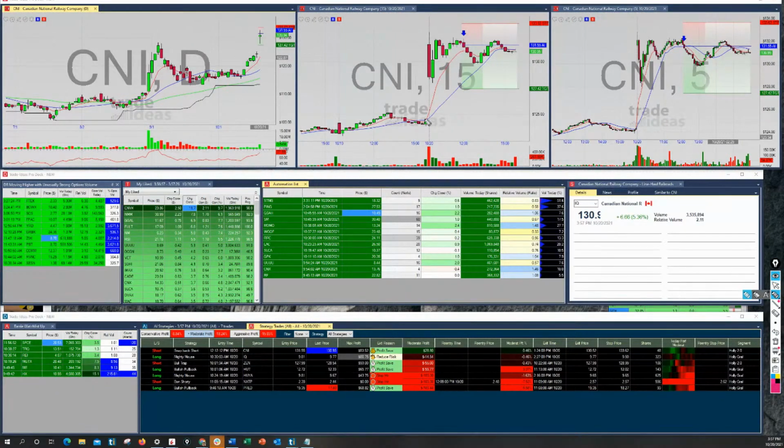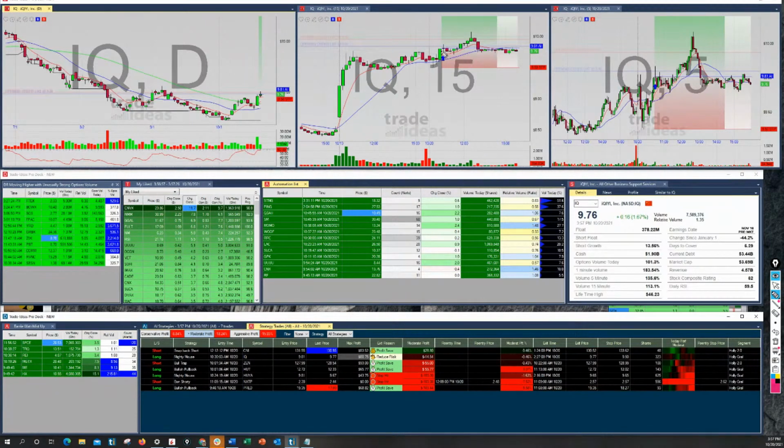IQ, talked about this real briefly, that I got into it. I waited. I got into IQ on this bar here, I think. Yeah, I think it was there. Here, that's where it was on the 5-minute chart.